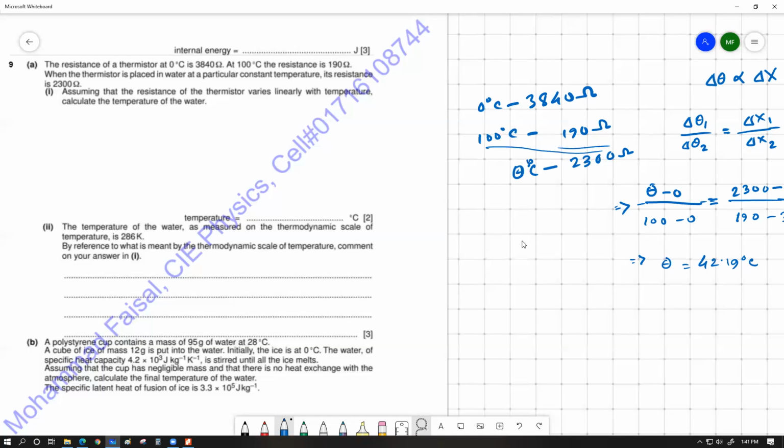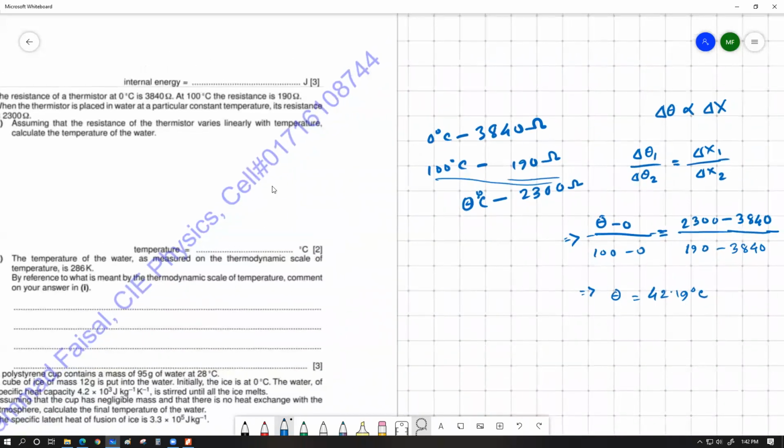And for the other part: by reference to what is meant by thermodynamic scale of temperature, comment on your answer in one. I misread the question, though my approach was okay. The question did not say to assume the change of temperature is directly proportional to the change of thermodynamic property.